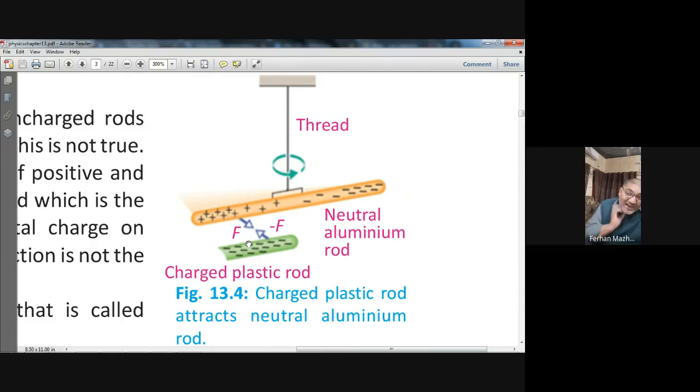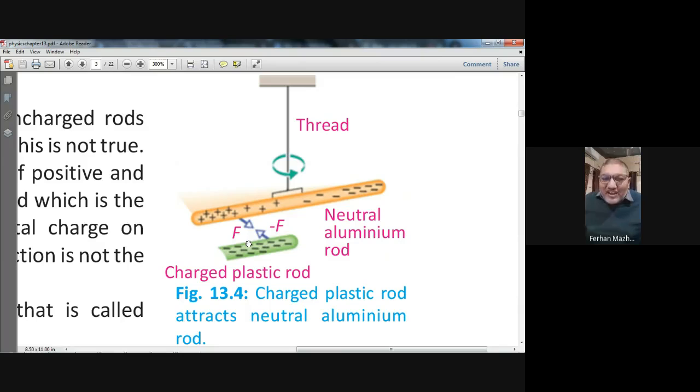So when they attract each other, it gives us the feeling that the aluminum rod, which we were sure was neutral, has its left end attracted to the negatively charged rod brought near it. The reason is that the aluminum rod is perfectly neutral.